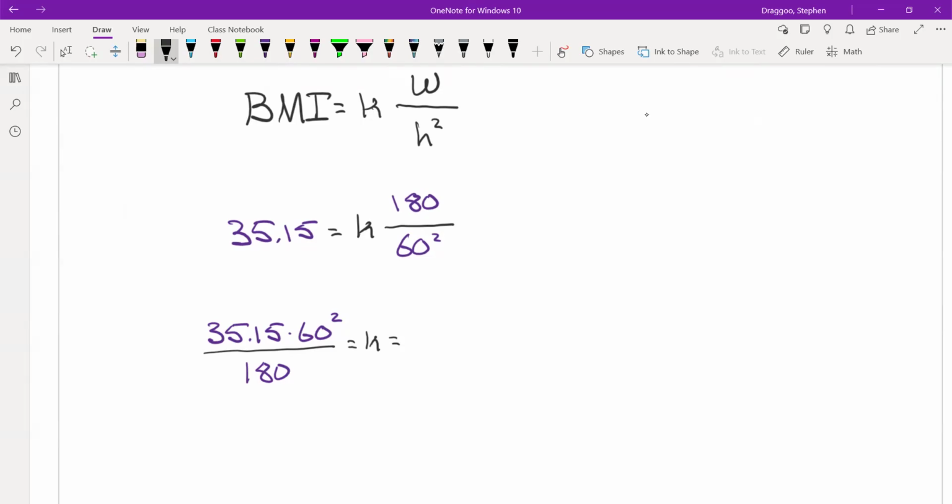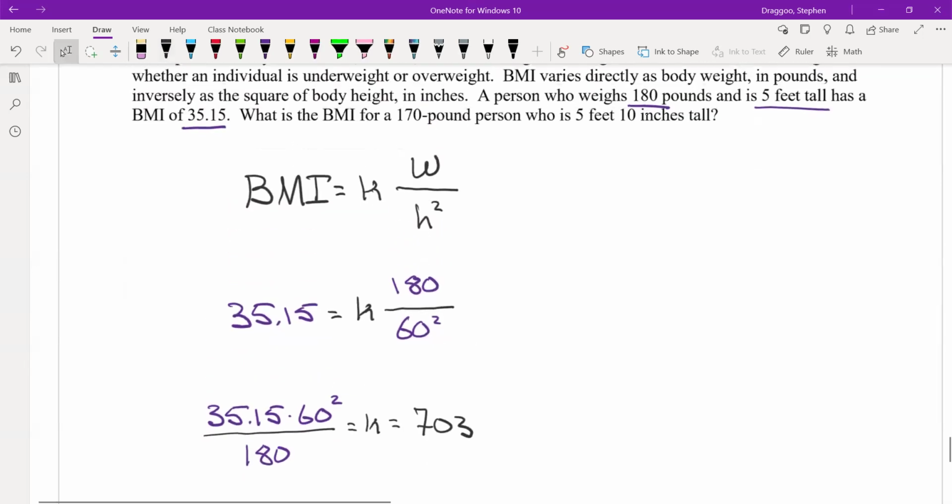No, I didn't. I missed a division sign. I accidentally put multiplication instead of division in that last step. I got 703. Much more reasonable number. So that means that BMI equation, BMI, is 703 times W over H squared.